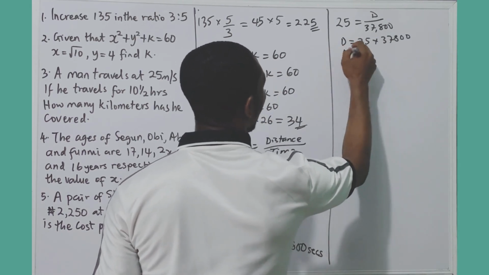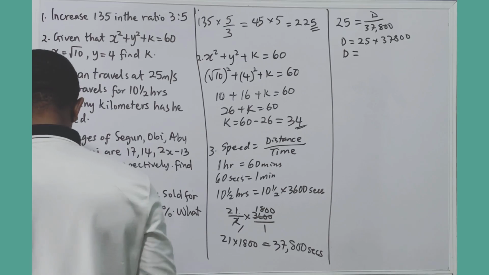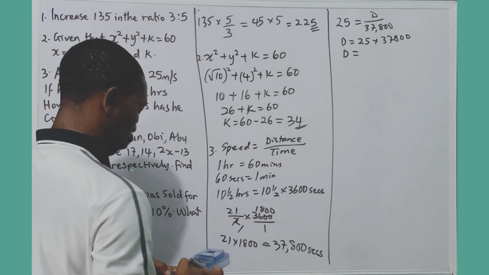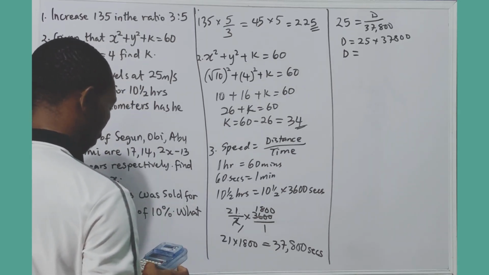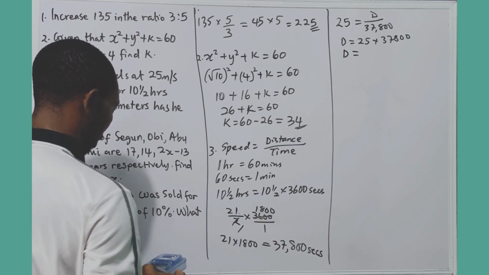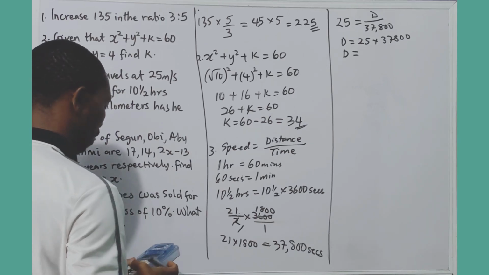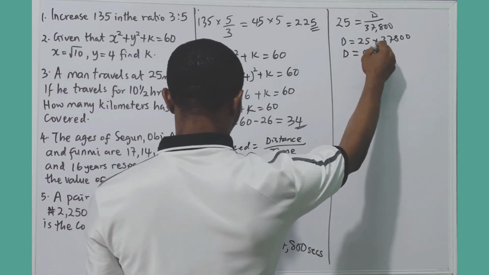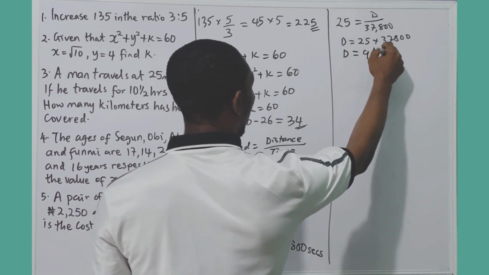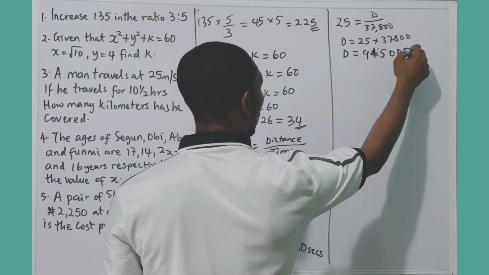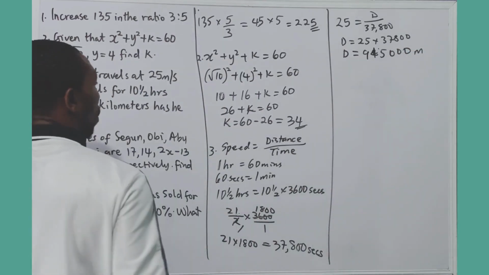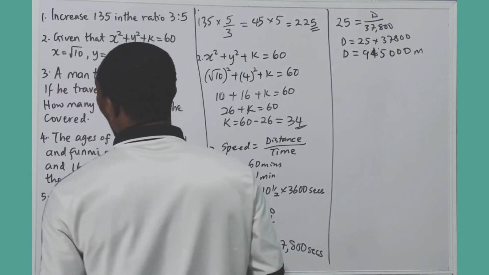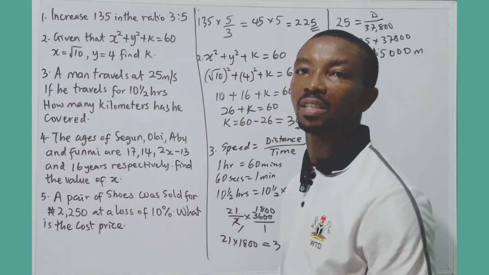So D equals 37,800 times 25, which gives us 945,000 meters.